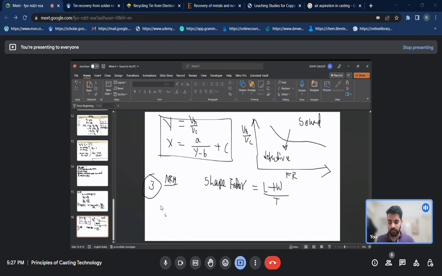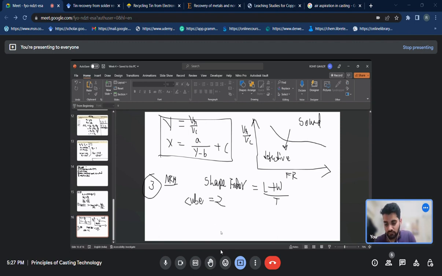If you calculate the shape factor for a cube, can anyone tell me what it will be? For the cube, all the sides are the same, so L plus W will be 2 times the thickness, so it will come as 2. Similarly for the sphere, it will come as 2. And for a cylinder also, with h equal to diameter, it will come as 2.